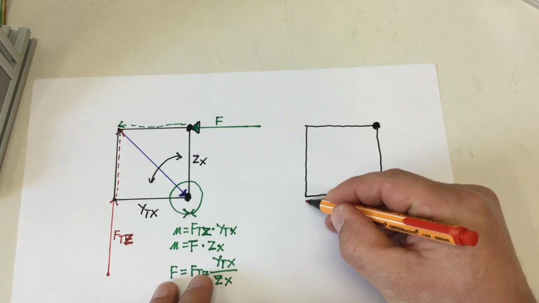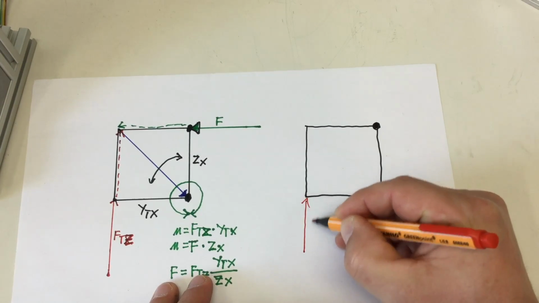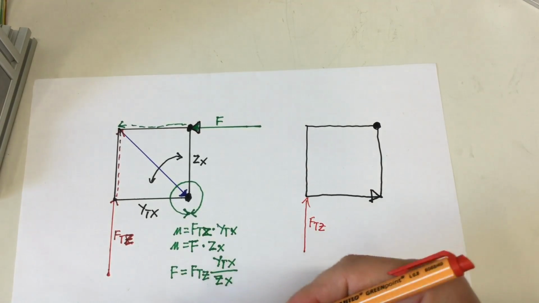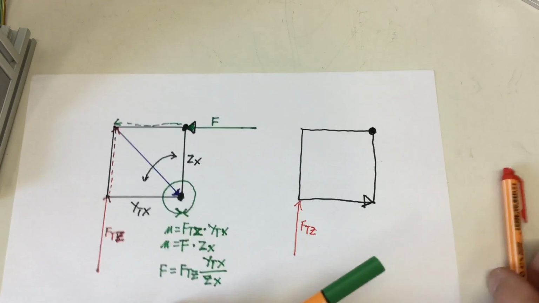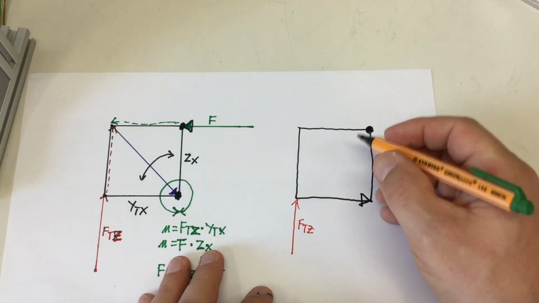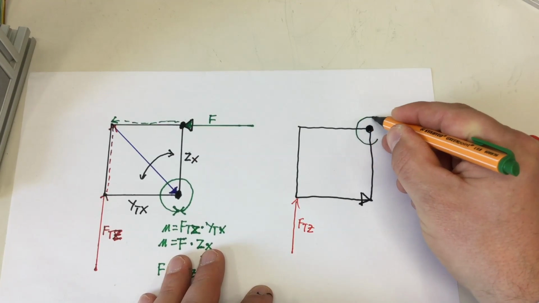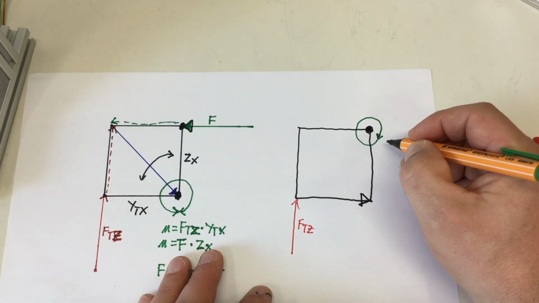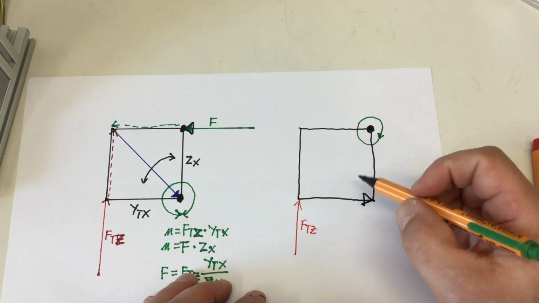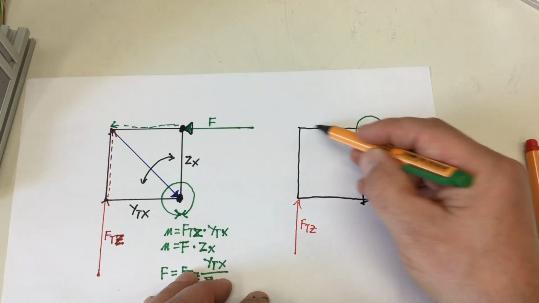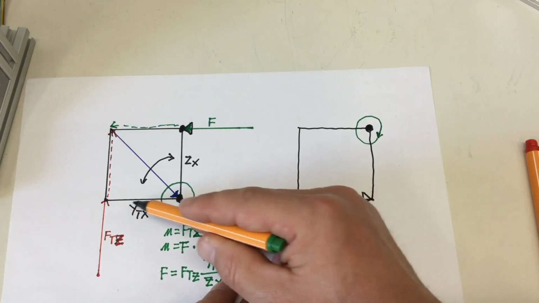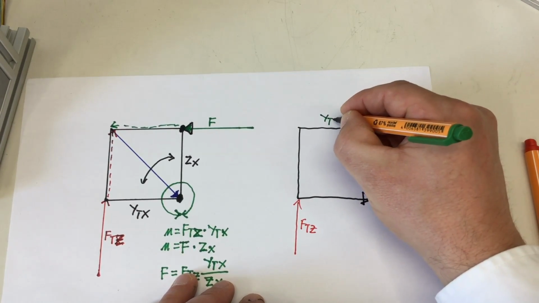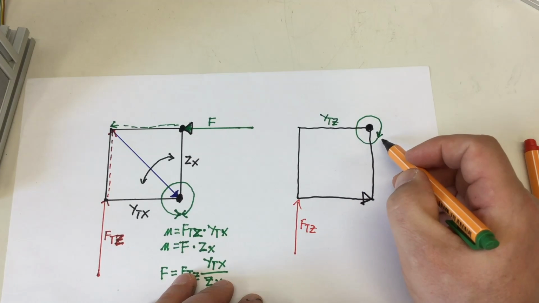Then I have again my force Ftz, but this time the force will try to rotate the whole thing around this bearing. And interestingly, the lever we have is the same lever like before. It's Ytz. So nothing new there.